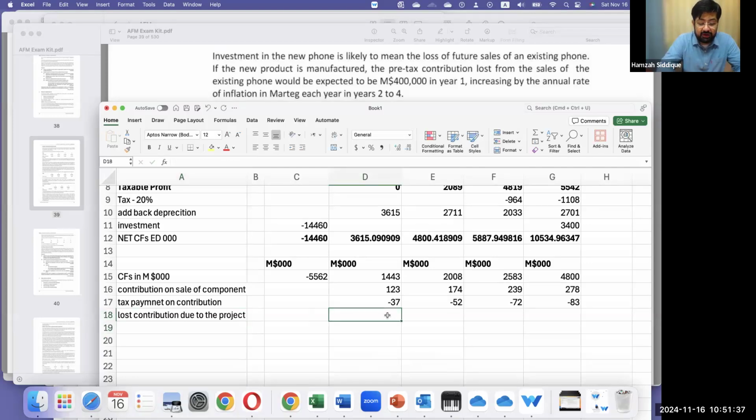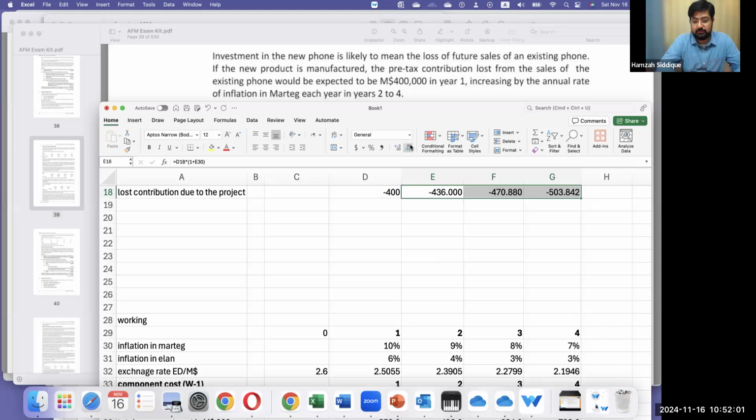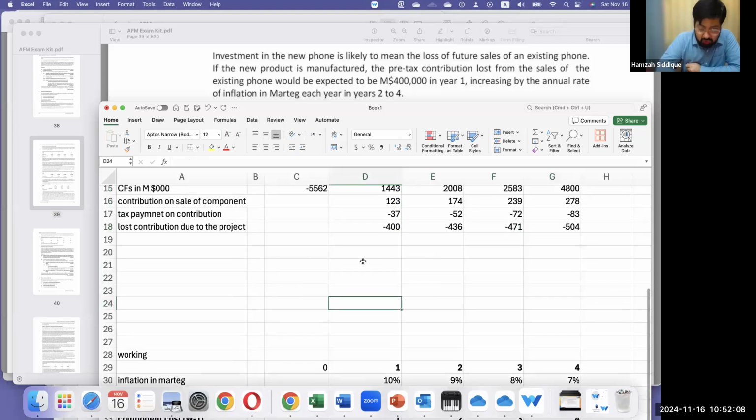That is 400 negative. This is outflow. Increasing by rate of this into 1 plus inflation rate in Martech. And so on. Lost contribution.